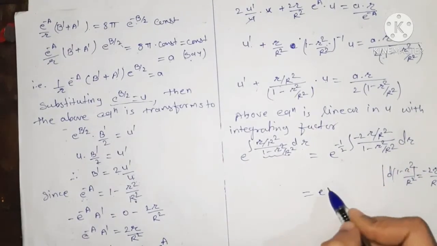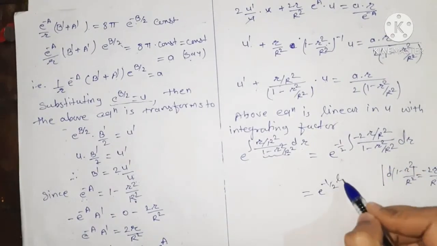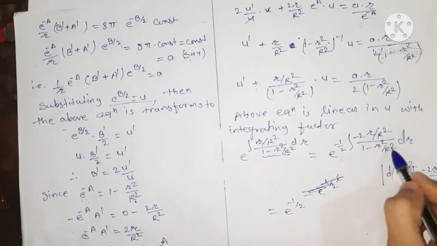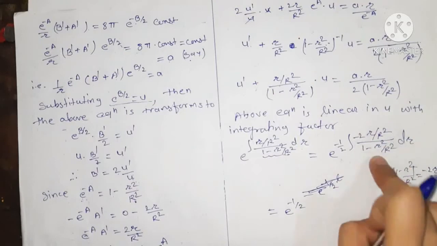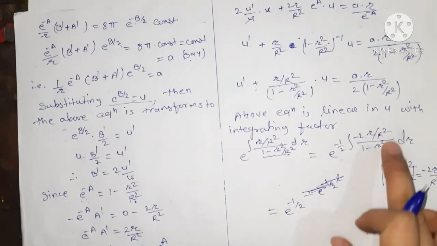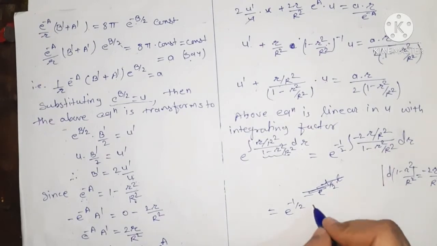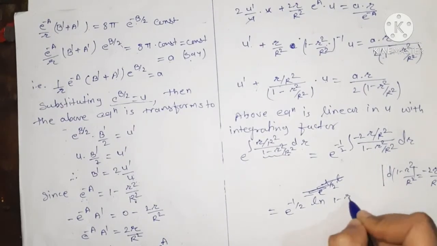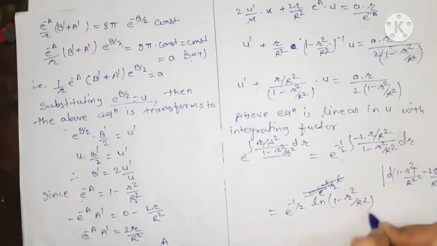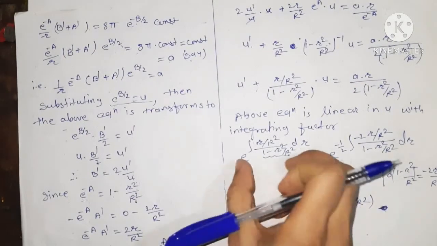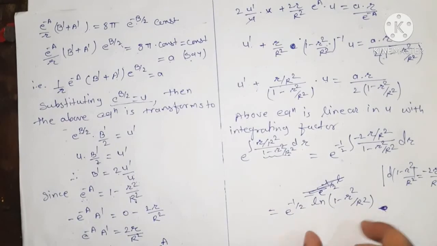So this is now e to the power minus half log of this term, because f dash of x upon f of x is here, and integral of f dash of x upon f of x is equal to log of f of x. So we have log of 1 minus r square upon capital R square plus the constant term, but in the integrating factor we are not taking the constant term in the integration.